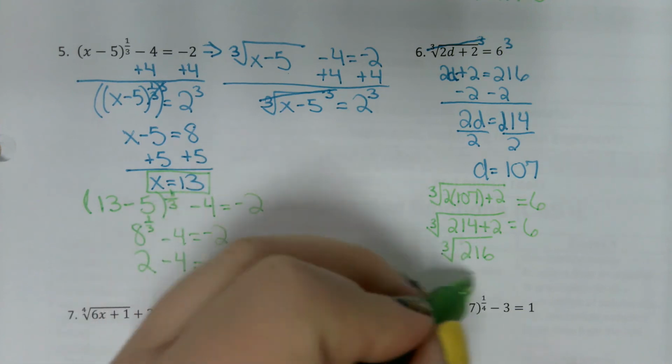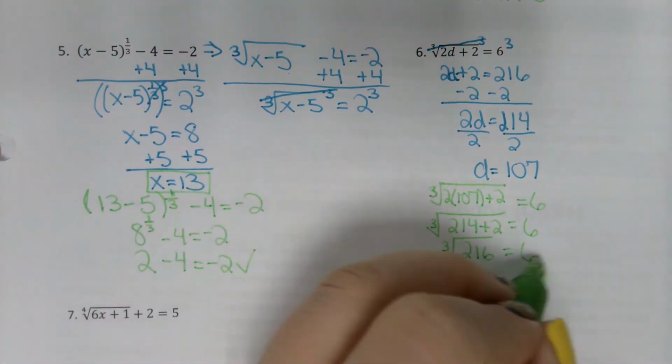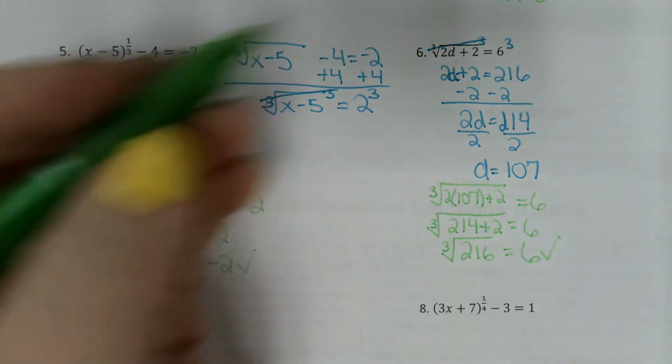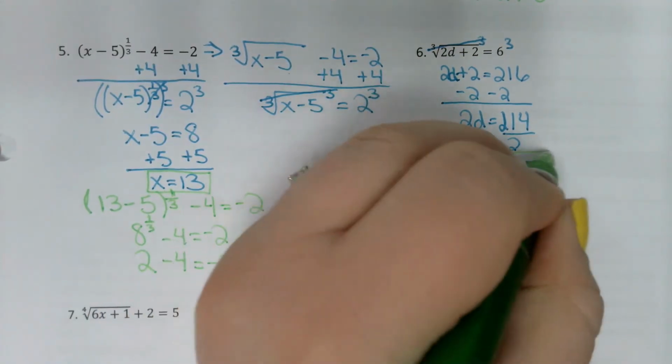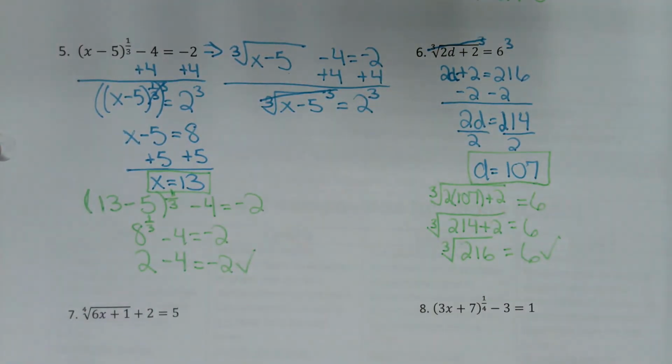And the cubed root of 216 is 6. So it works. It's not extraneous. 107 is my solution.